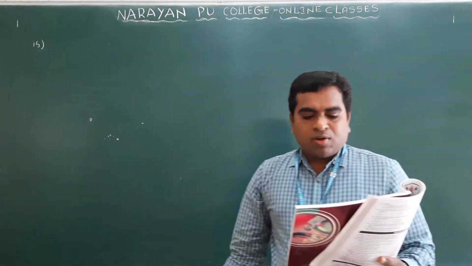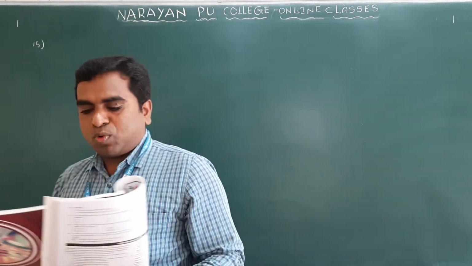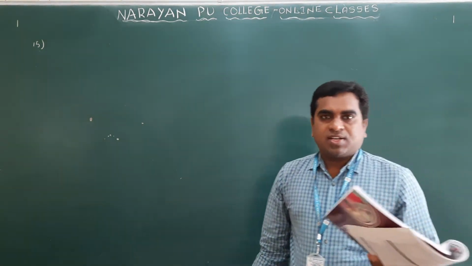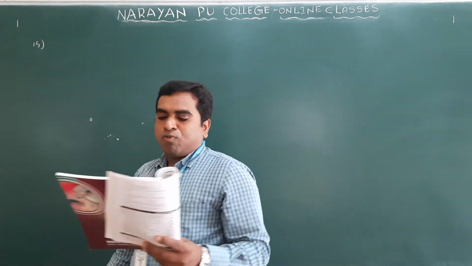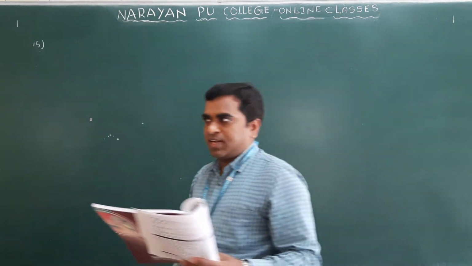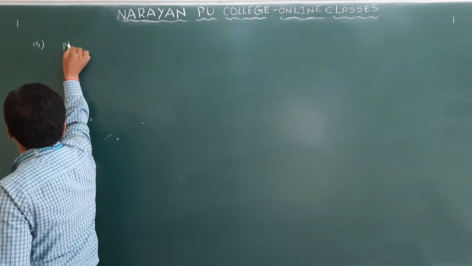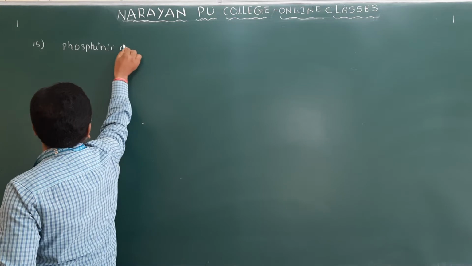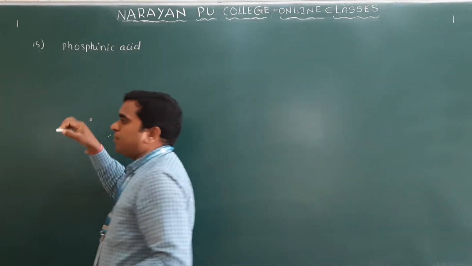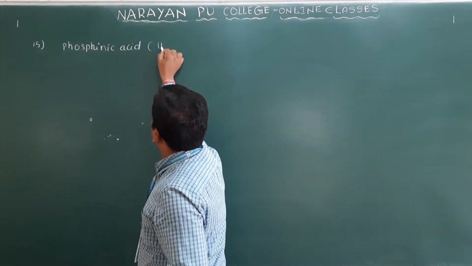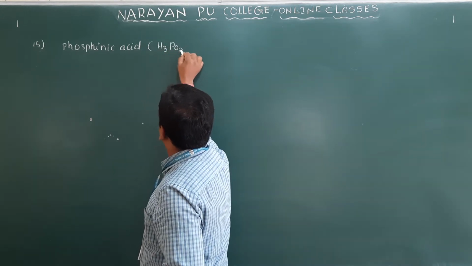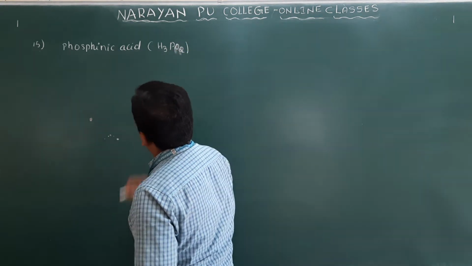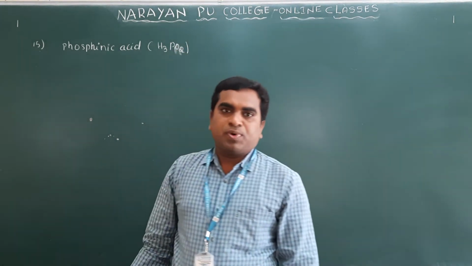The first one: phosphonic acid is diprotic acid, while phosphonic acid is monoprotic acid. Clear? In the last class I mentioned phosphonic and phosphonic acid. One is H3PO2, hypophosphorus acid, that is called phosphonic acid.